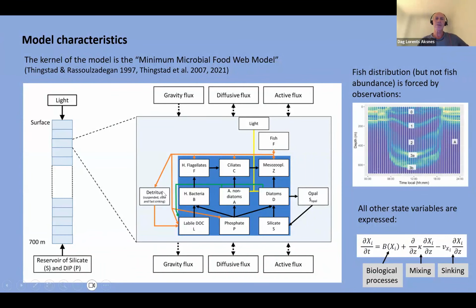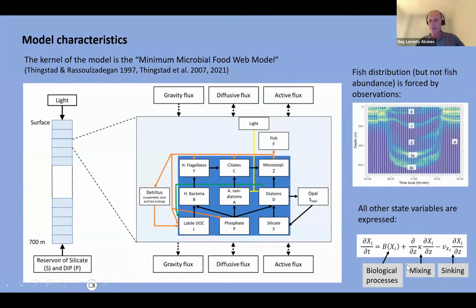And we also included the detritus divided into 3 groups: suspended, slow, and fast sinking. And all these state variables, except the fish, are expressed according to a partial differential equation, which is solved in time and depth, so we get the depth profiles.